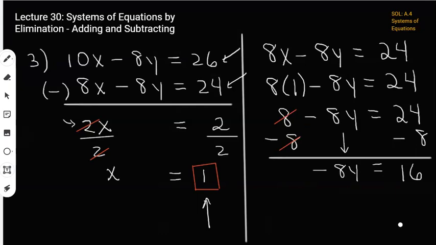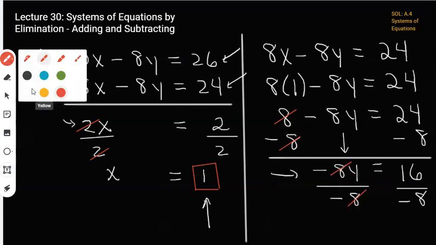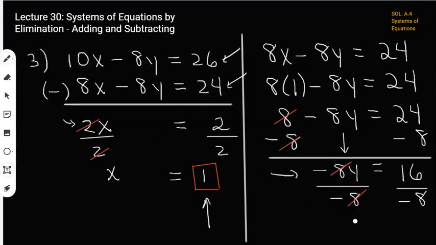So now the last thing that I need to do is get rid of this negative 8 that's out in front. I can do that by dividing both sides by negative 8. When I do that, the negative 8's are going to cancel. Now I'm only left with a y on the left side.